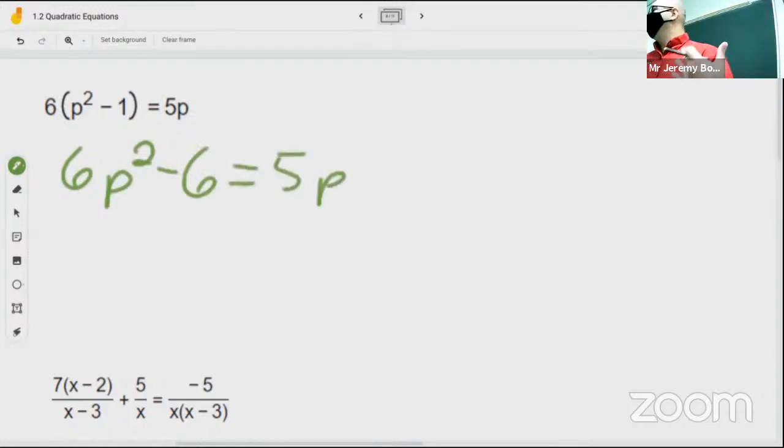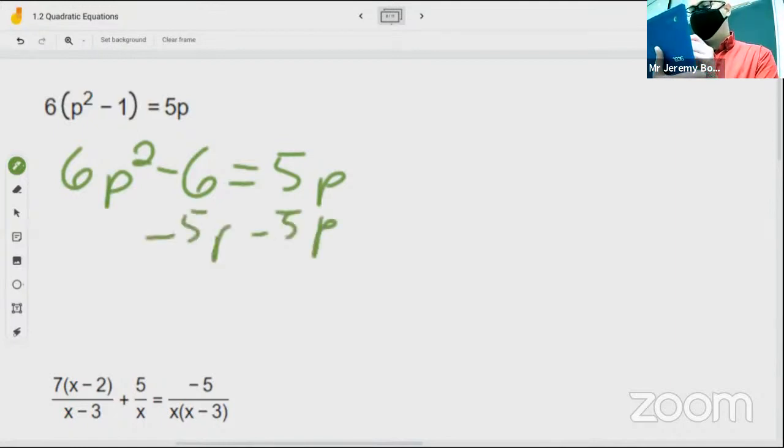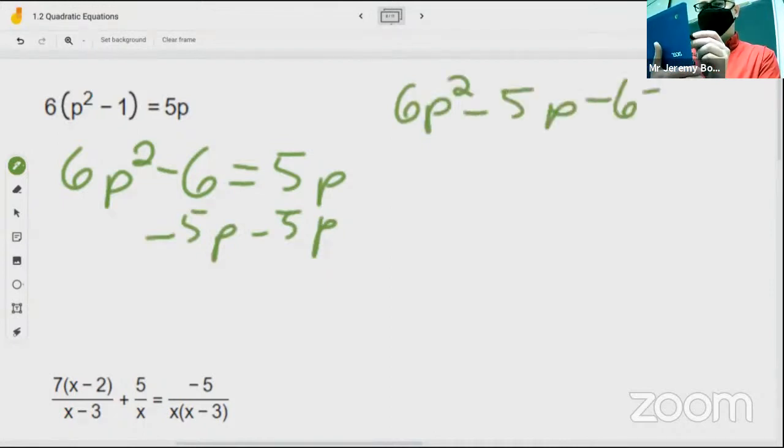It's not in that form we want, right? We don't have a 0, we don't have the ax squared plus bx plus c. So we're going to subtract 5p from both sides. And so we'll end up with 6p squared minus 5p minus 6 is equal to 0.